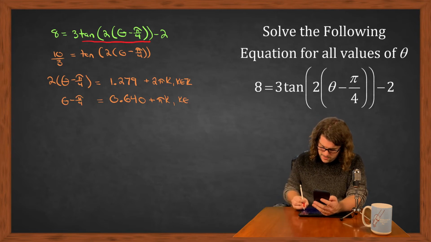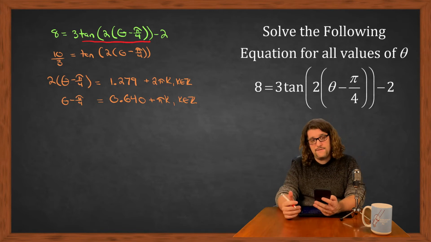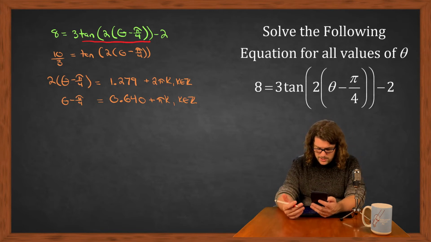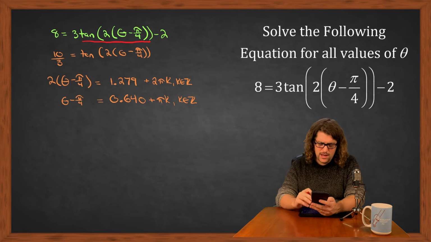Now, I'm going to actually use the exact value for the rotation part. So I'm going to keep it as a pi, at least for the time being. Maybe I'll change my mind later, but anyway, it is what it is. I am, however, going to use my calculator to take pi, which I'm just going to use 3.1415 divided by 4.